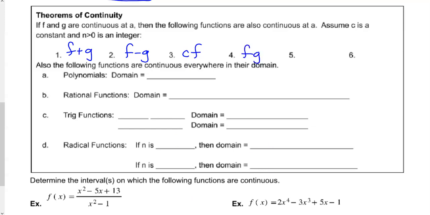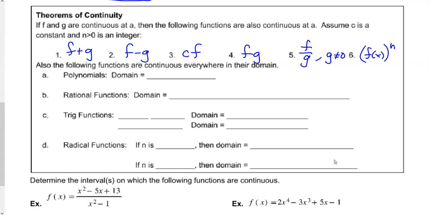Multiplying the two functions together yields a continuous function. Dividing the two functions yields a continuous function as long as g is not equal to 0. And the last is if I take a function to a power, that new function would also be continuous. So, sums and differences, quotients and products, all of those are going to be continuous.